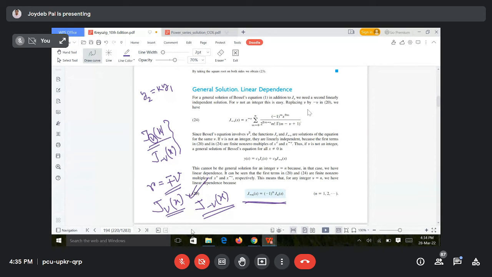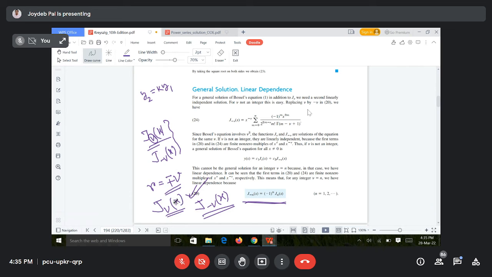Now the question is, do they form a general solution? Means can we write the general solution by J nu and J minus nu? To write the general solution, y1 and y2 should be linearly independent, right? Basis of solution. Now here we can see that J nu and J minus nu are dependent when nu is an integer.